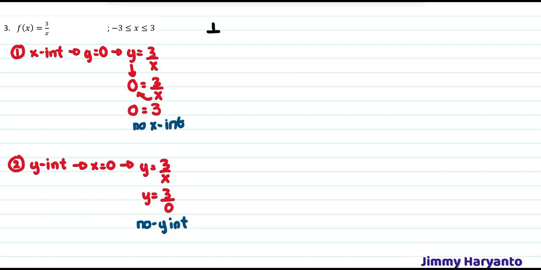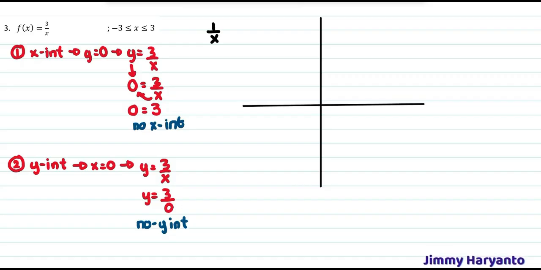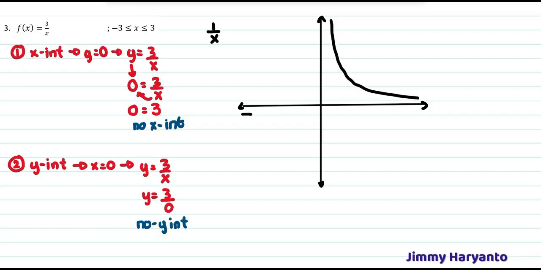Because it's just like 1 over x, the one that I already showed you before. The graph is split into two parts, one of them is right here and the other one is right there, but as you can see, the curve doesn't touch the x-axis and it doesn't touch the y-axis. That means there is no x-intercept and y-intercept.